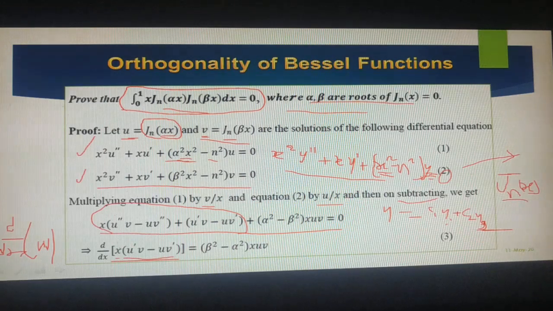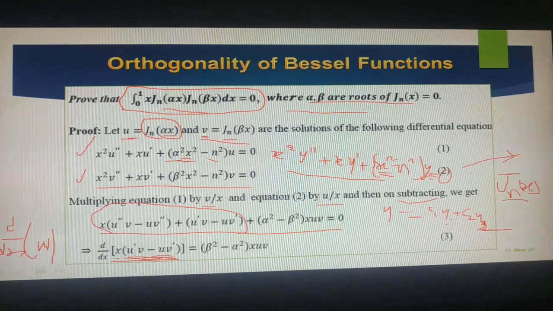So what we have to do here, I will take this one I have to differentiate, right? U dash v, suppose v is constant, then you will get u double dash into v, and the next time u dash will be the constant, v dash you will get, the derivative for that.